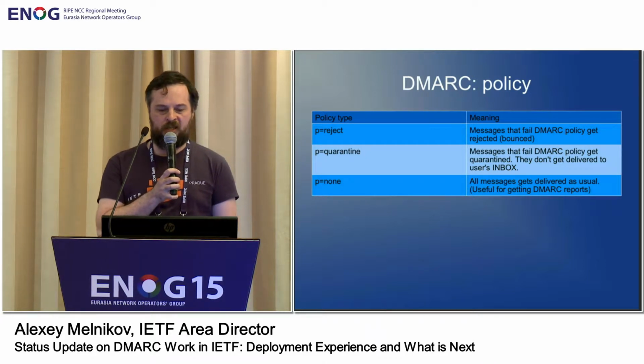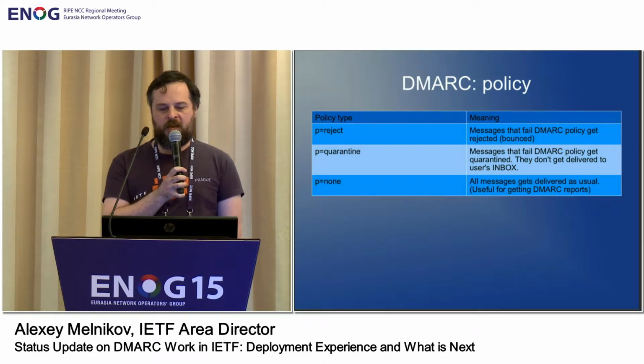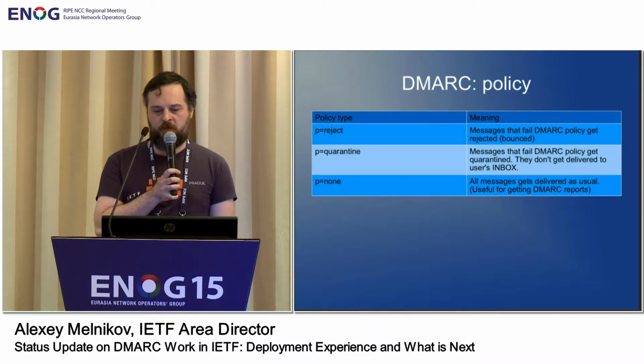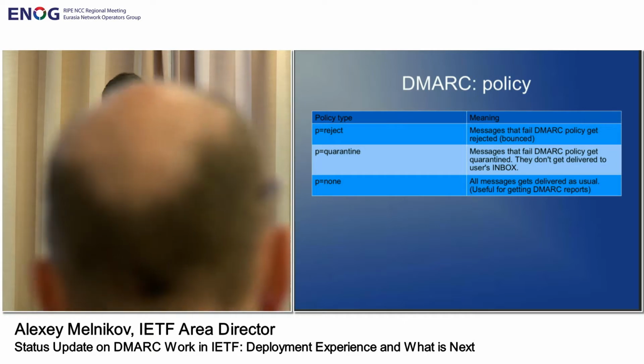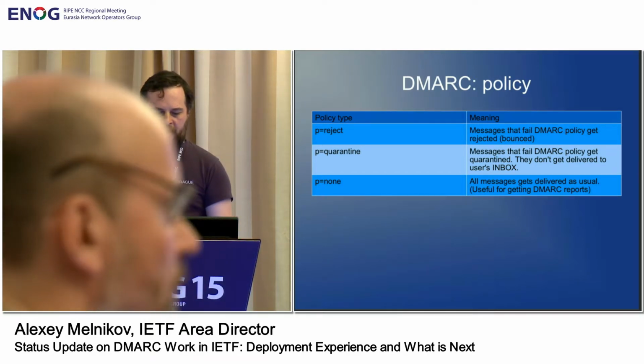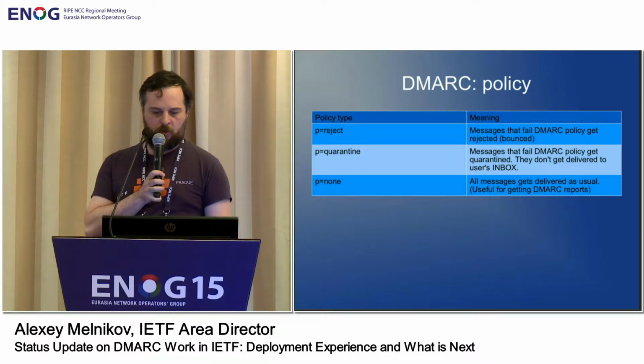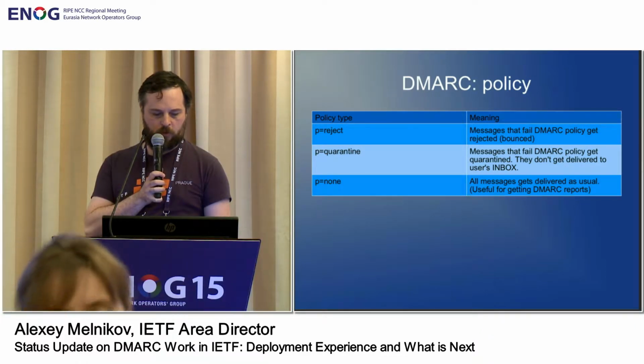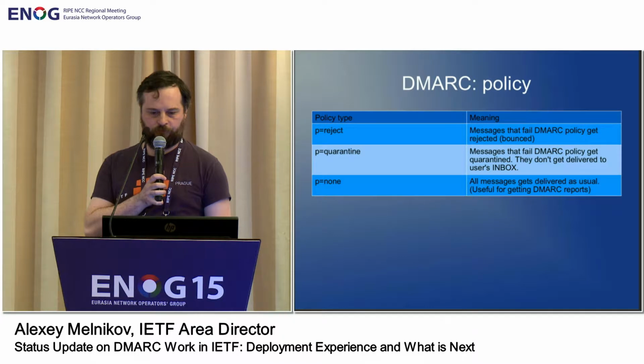And p=none is basically saying don't do anything special with the message, just deliver it as usual, but this helps the sending domain to receive DMARC reports. I'll talk about this a little bit later.